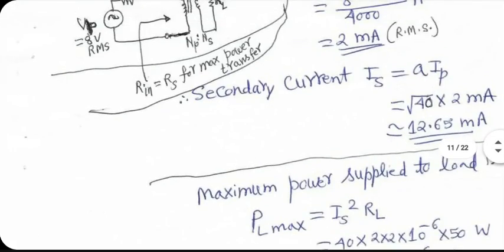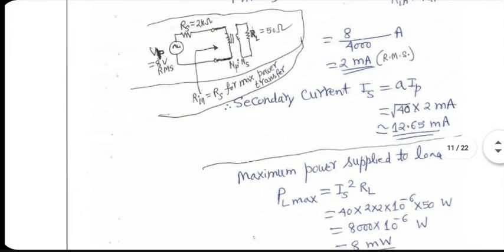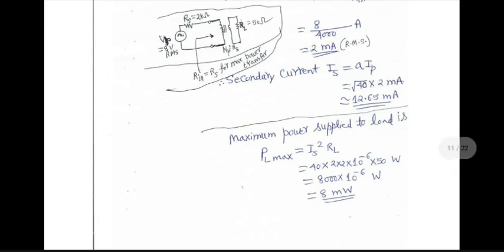In fact, you can write a MATLAB program to calculate the power dissipated in the load versus the value of the load. You will see an interesting curve which will show maximum when RL equals 50 ohm under these conditions, assuming that A is square root of 40 and so on.